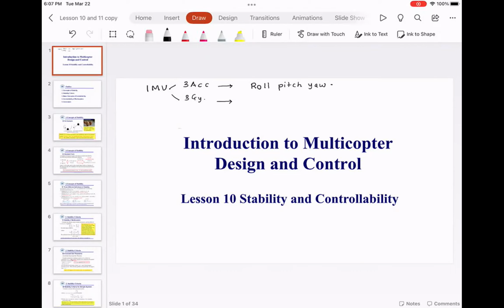We also have optical flow. We also have barometer. Barometer would help us maintain the altitude. Optical flow will give us X and Y translations.